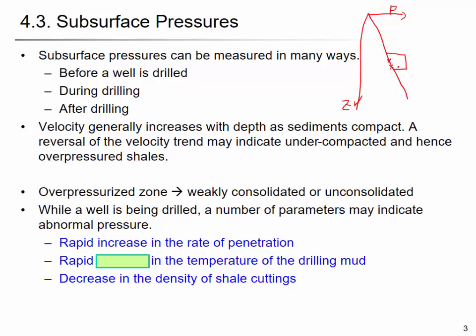So this is the overpressure zone, or overpressurized zone, and this is normally caused by the unconsolidation of weakly consolidated soil. Let me give you an example. You have a deposition. For example, this is the water, and this is fish. You have a deposition of layers, and when sediment is deposited here, another layer comes in, and another, and another.